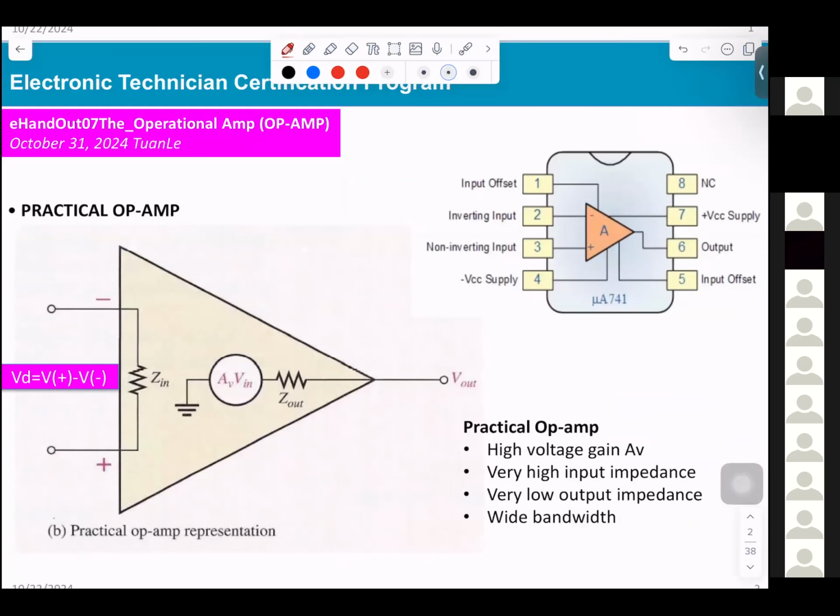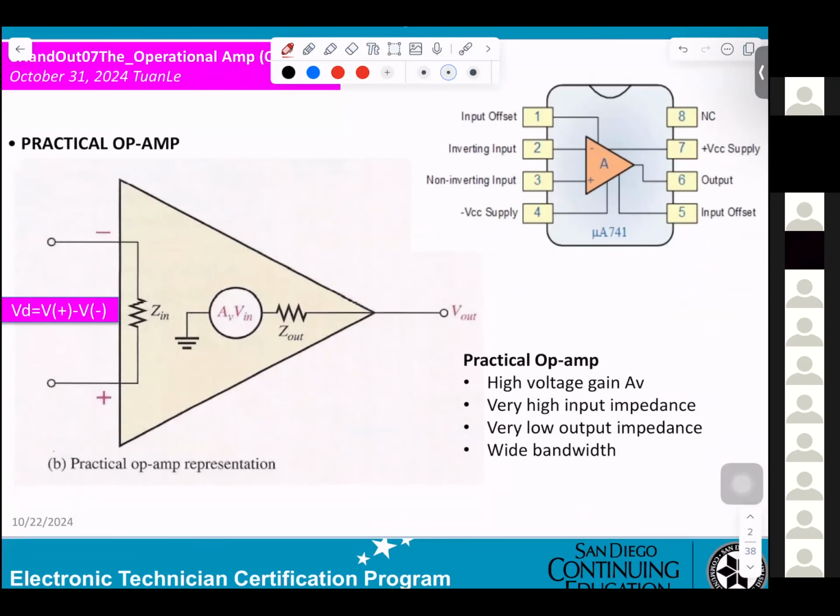Now, this is a practical op amp. You see that op amp you will be working on, the left one. Pins 1, 2, 3, 4, 5, 6, 7, 8. They are using only 8 pins. Okay.